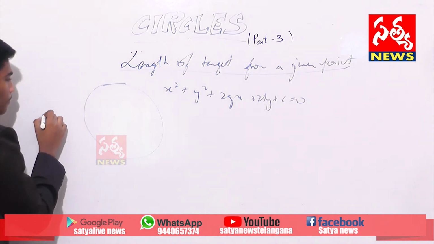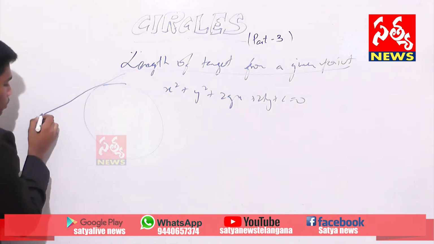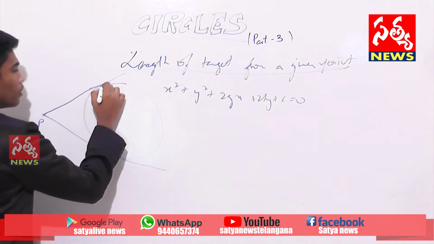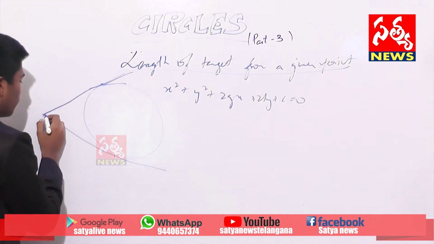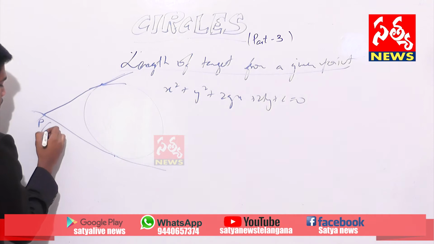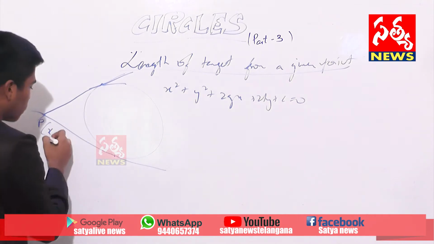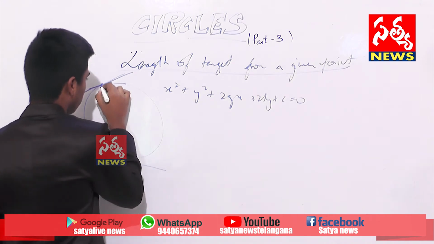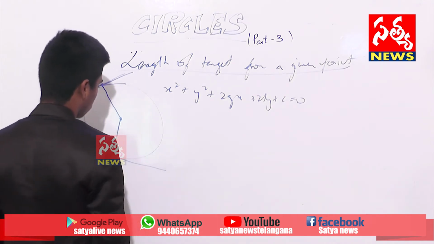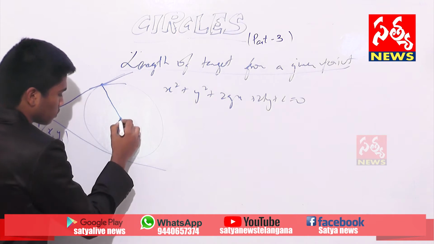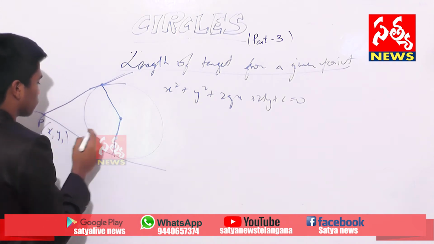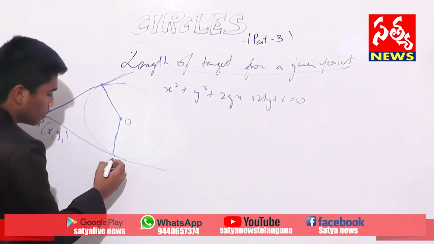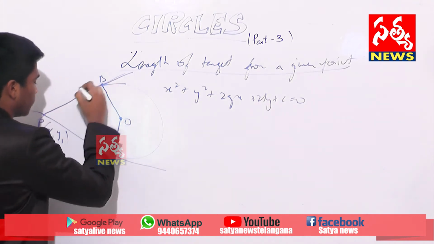Here is a point P, and these are the two tangents that can be drawn to the circle from the point P. The coordinates of point P are x1 and y1, and here is the center. Let's mark this as O, this as A and this as B.